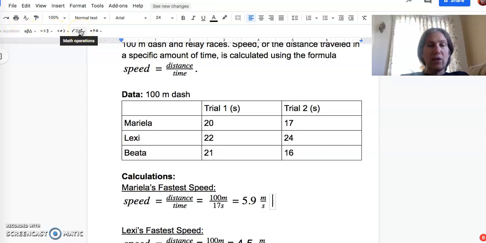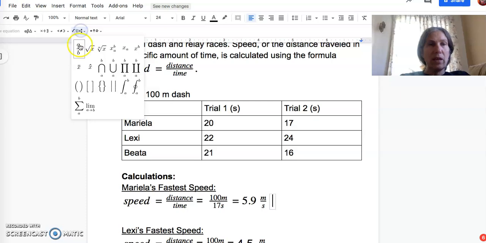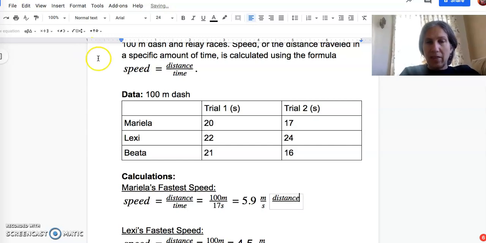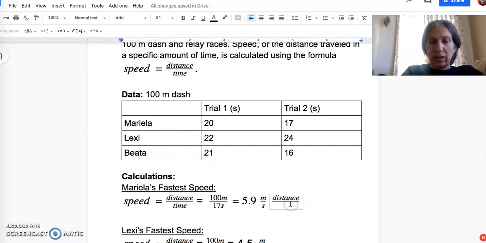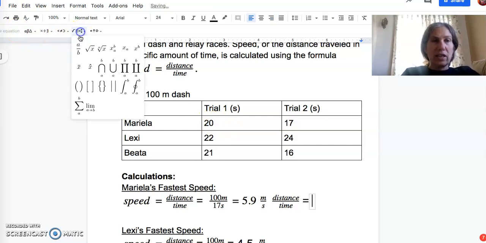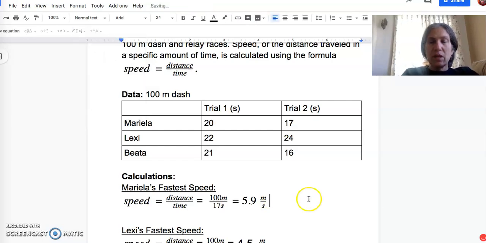The fractions are here, so I'd be looking here and I could write distance, and then I put my cursor in the bottom, over time, and then do an equal sign, and then I go back up and say new equation, A over B, and I continue with that. Don't forget to also include units.